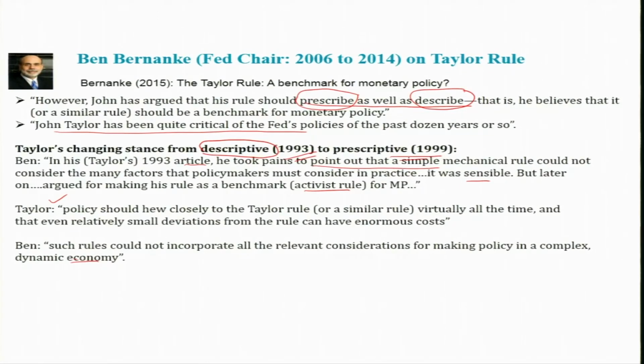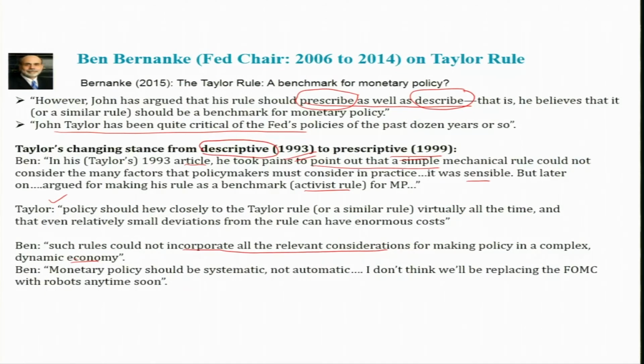Relying on one particular rule, making it an activist rule, couldn't incorporate all the relevant considerations.